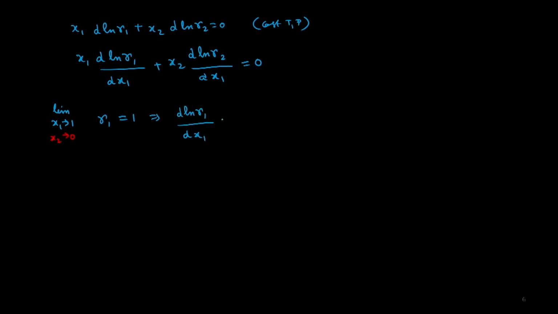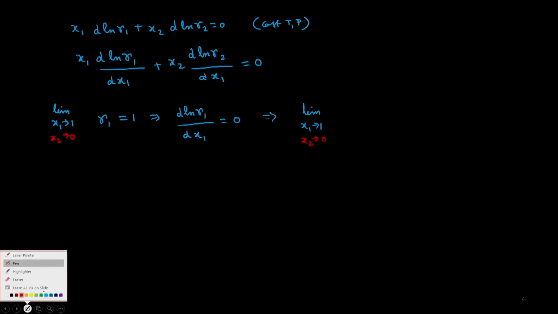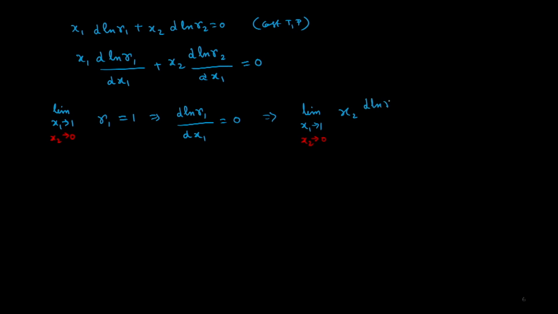So d ln gamma 1 over dx1 will be 0, which means the first term drops out. And if that drops out, then in the limit of x1 going to 1 and x2 going to 0, for the second term, x2 d ln gamma 2 over dx1 will be equal to 0.